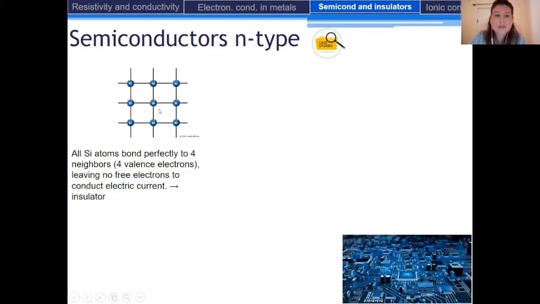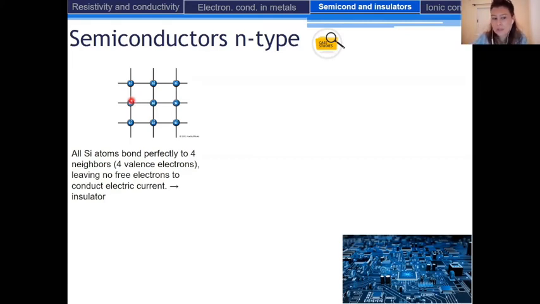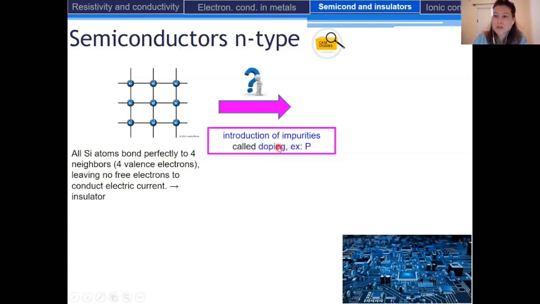So each silicon atom creates 4 covalent bonds with 4 silicon neighbors. In that case, there are no free electrons that could contribute to the electric current, and so it is an insulator rather than a semiconductor. And so if we want to turn it into a semiconductor, we can introduce impurities, called doping.